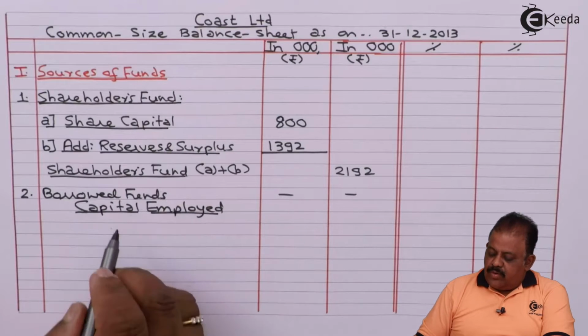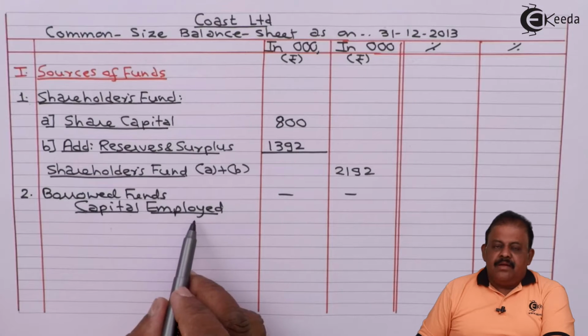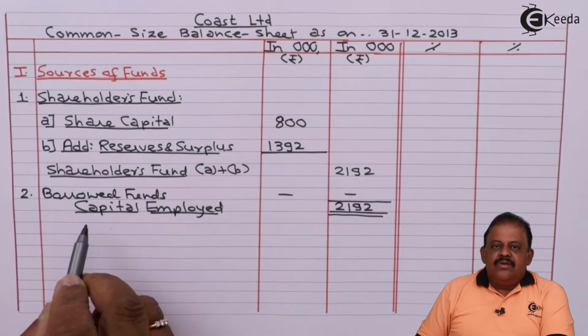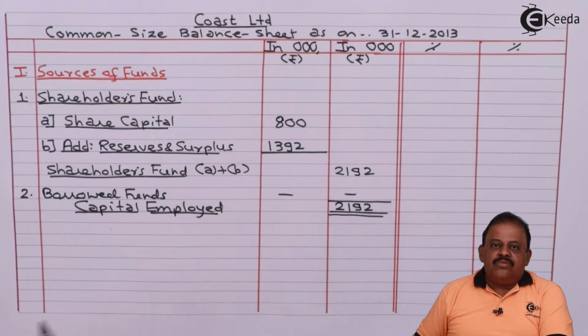To this we are required to add borrowed funds. There are no borrowed funds in balance sheet. So finally we can arrive at capital employed, which is equal to shareholders fund. Total capital employed 2,192,000. We have completed first part of the balance sheet.